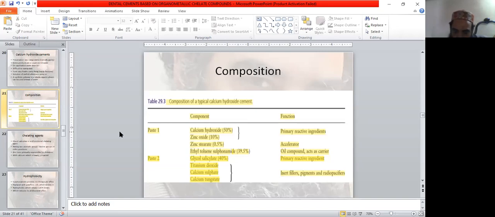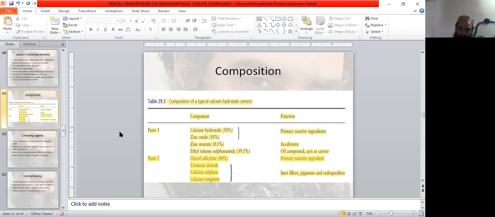Calcium hydroxide and zinc oxide are primary reactive ingredients, and zinc acetate is accelerator, and ethyl toluene sulfonamide acts as a carrier, an oil compound.